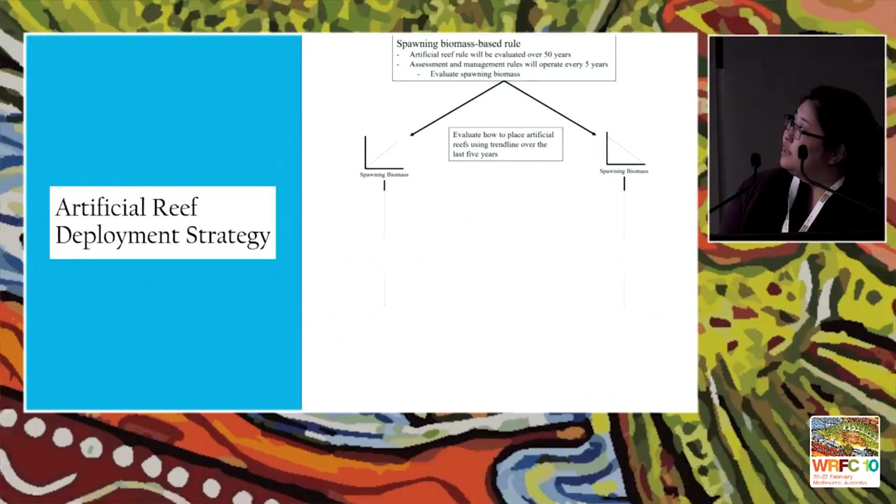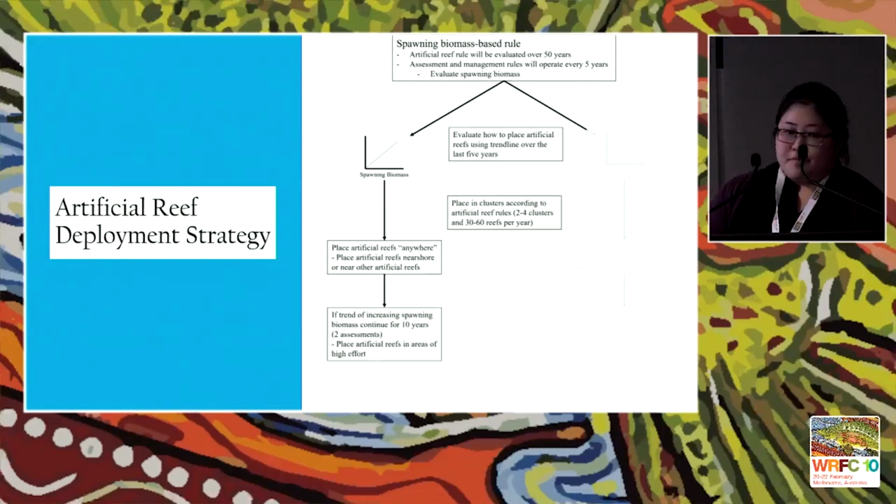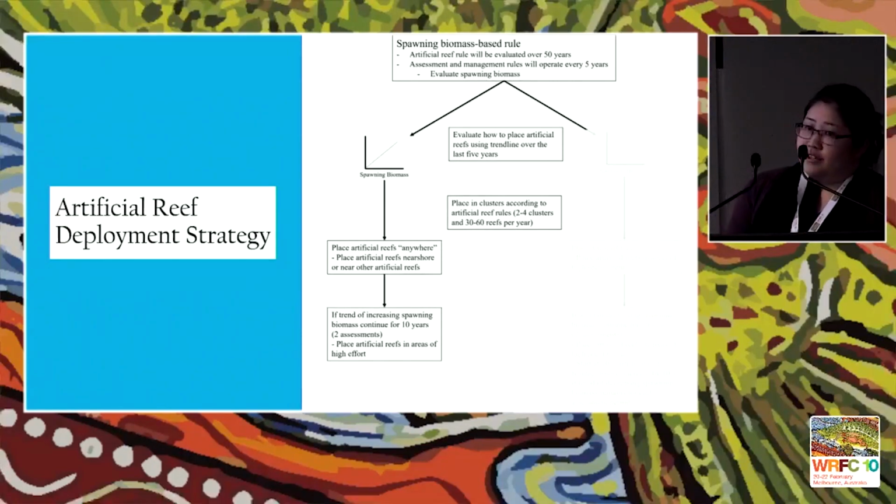Sorry, that's really tiny, but essentially we're using how the trends in spawning biomass change. The trends, increasing or decreasing, will tell you how we place artificial reefs. And we're doing this by clusters. If the spawning biomass is increasing, then essentially you could place artificial reefs near other ones, so that's closer to shore.